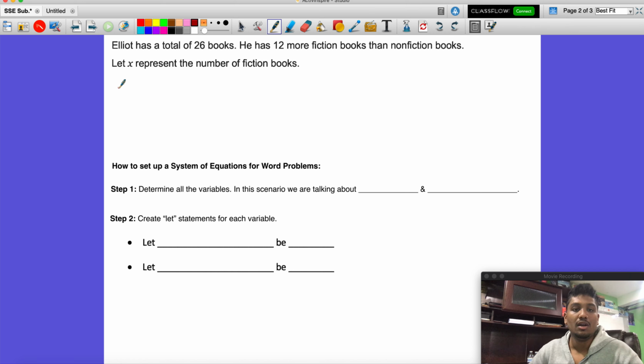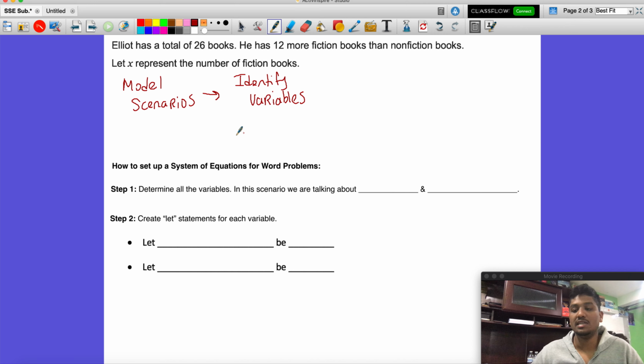So the idea of what we're going to be doing is we're going to model scenarios. The way that we're going to do that is we're going to first identify variables. It's more than just a letter. We have to think about what it is that the problem is talking about.